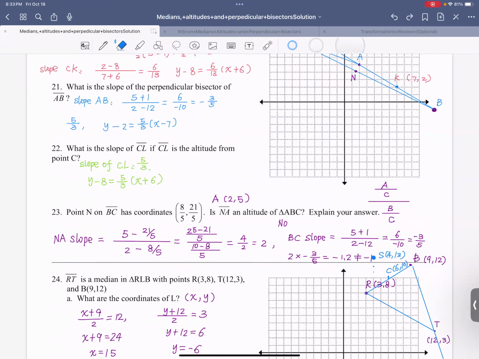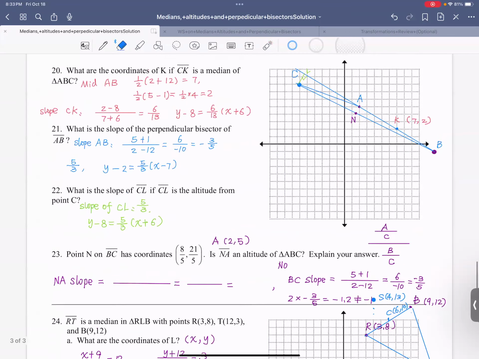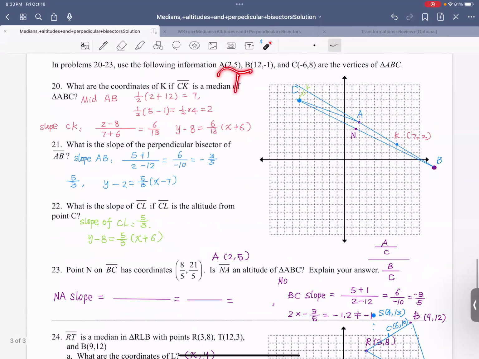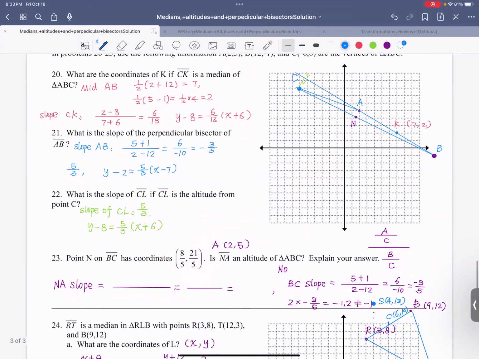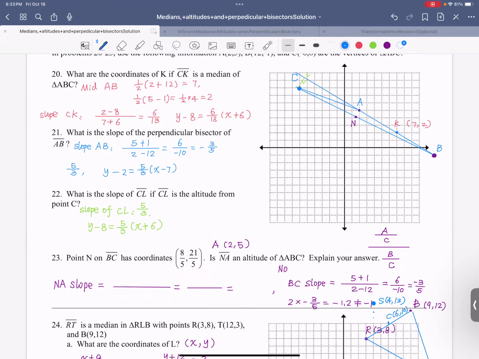Vanisha, let's do this one together. Let's do the NA slope. Go. Point A is this, we drop down here. Point N is this. Let's do the slope calculation. Wait, one second.